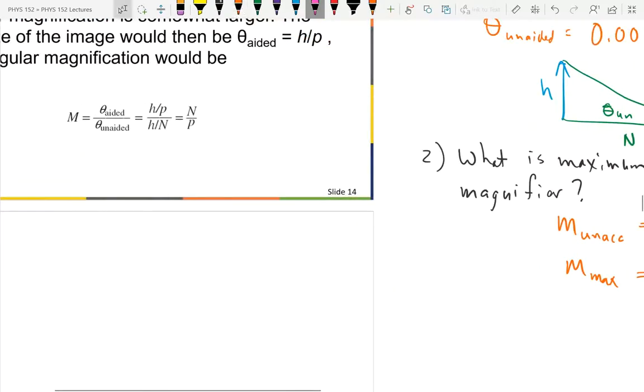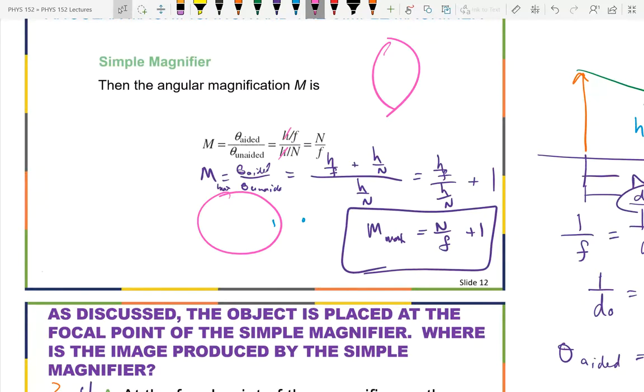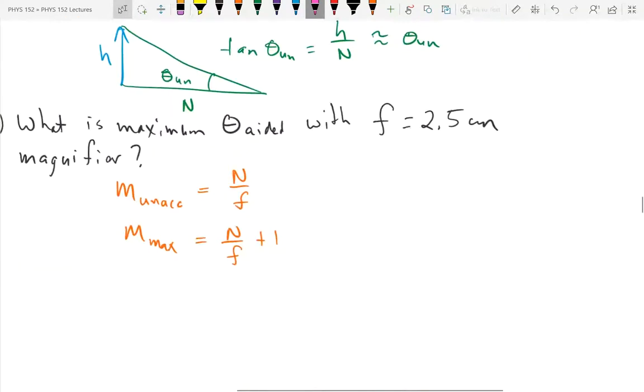That's the result of our work right here. So using the maximum, that's 25 centimeters for the near point over 2.5 centimeters for the focal length, plus 1, which is equal to 11.